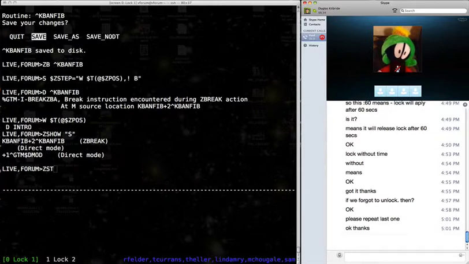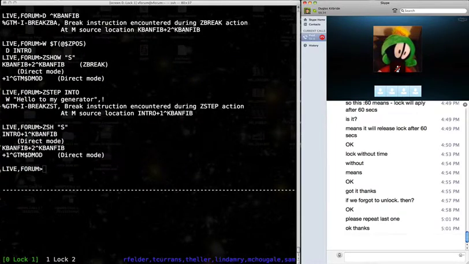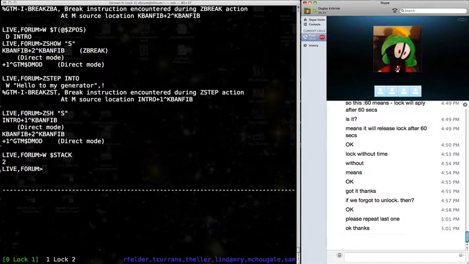So Z step into, and here you go. You get to hello to my generator. So I must be in intro. You see that my stack level now is, this is 1, this is 2. I should be at 2, right? Dollar stack, I'm at 2.